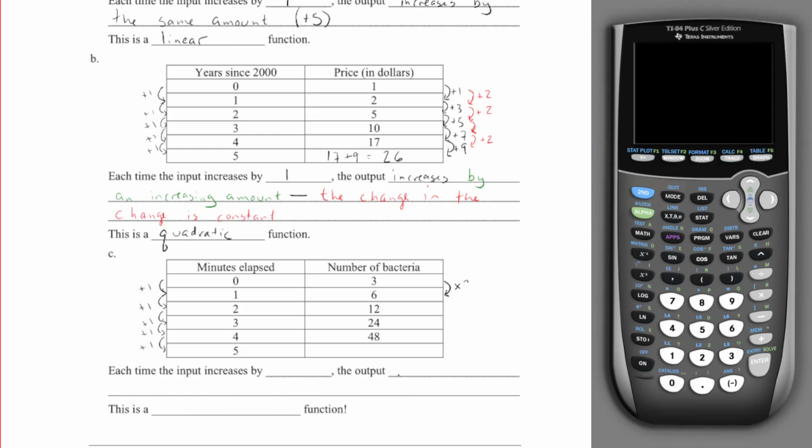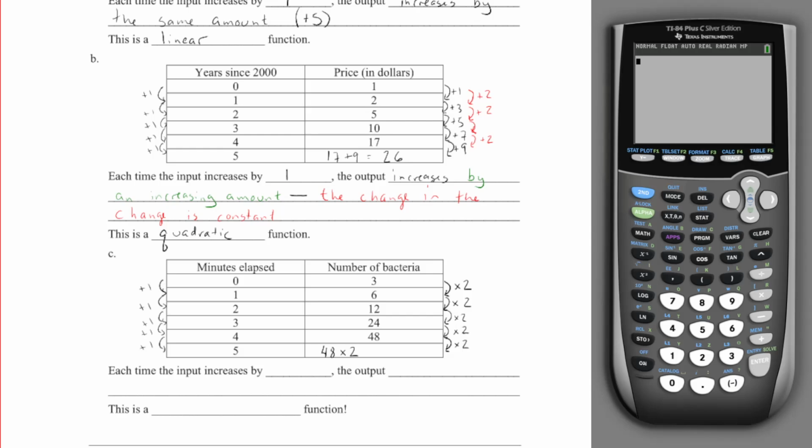Each time we go down a row, the output is multiplied by 2. So if we want to fill in another row, we'll fill in 48 times 2. That seems like a job for a calculator. It's 96.